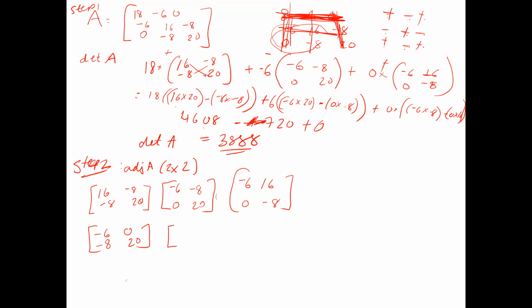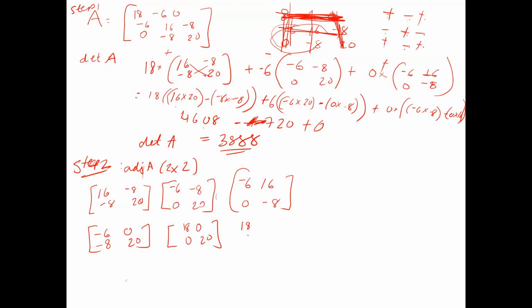And the next one is the middle. This one is to find this one, cancel that one and this one. So minus 6, 0, minus 8 and 20. No, actually, sorry. The next middle one will be this and that one, so 18, 0, 0, 20. And then the middle of the last one is this and that one, so 18, 0, minus 6, minus 8.